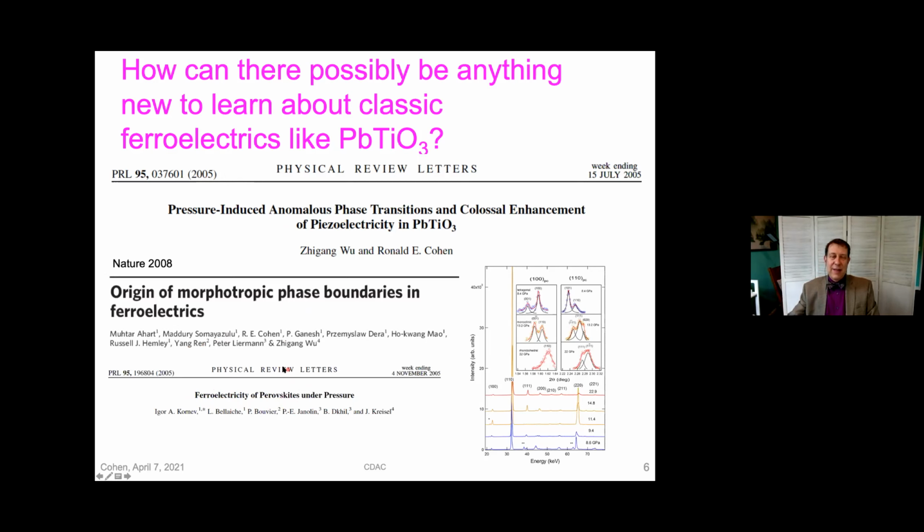And that's actually the origin of all of this work I'm going to talk about today. So their work really stimulated all of this, and it led to quite a can of worms.